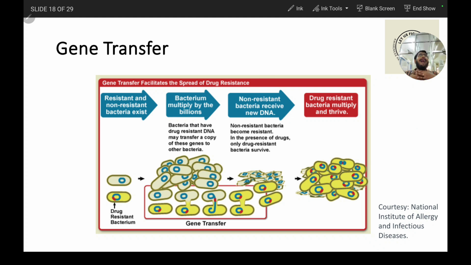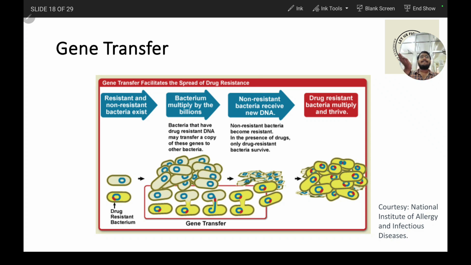So imagine if I am a bacteria and if I gain resistance, I also have the ability to pass on this characteristic of antimicrobial resistance to my counterparts, to other bacteria. And this is how resistance will spread from one organism to the other.